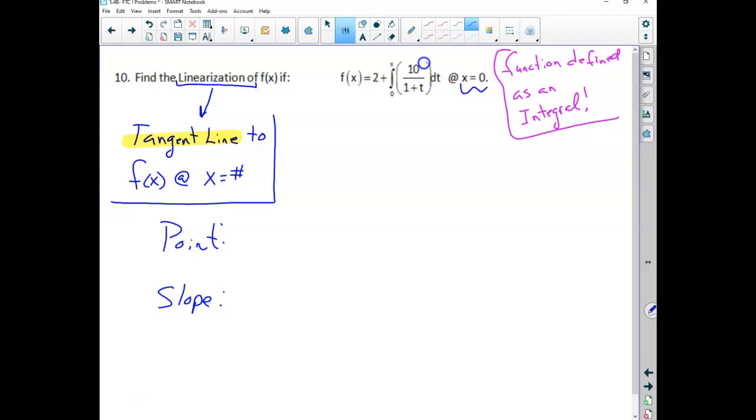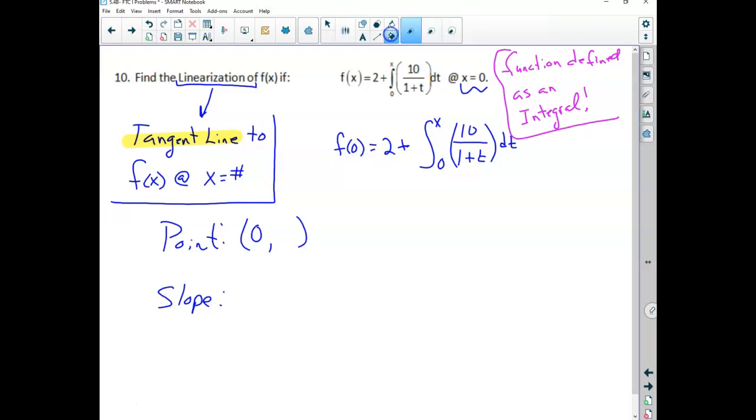I already know the x value of the point, but what's the y value? So f of 0 is going to equal 2 plus the integral from 0 to x of 10 over 1 plus t dt. Oh, wait a minute.